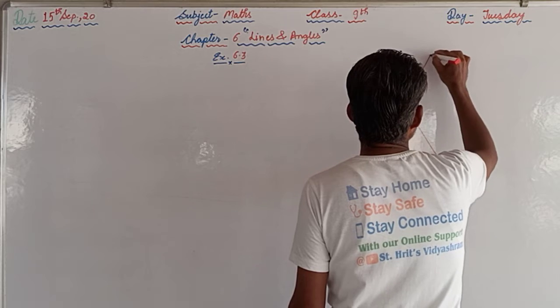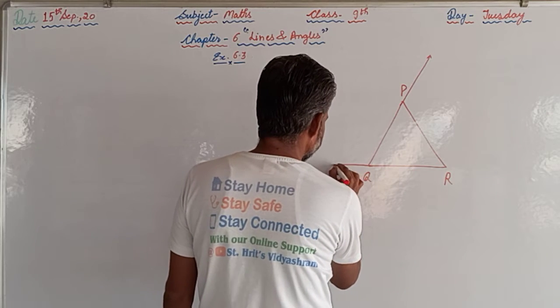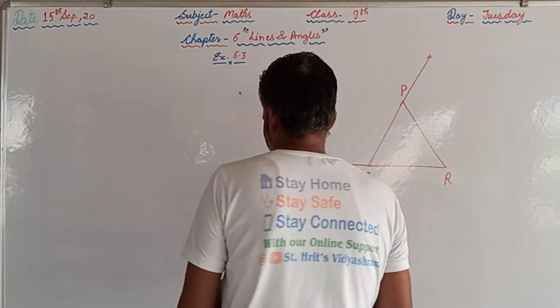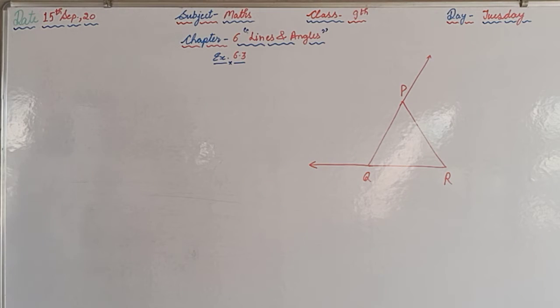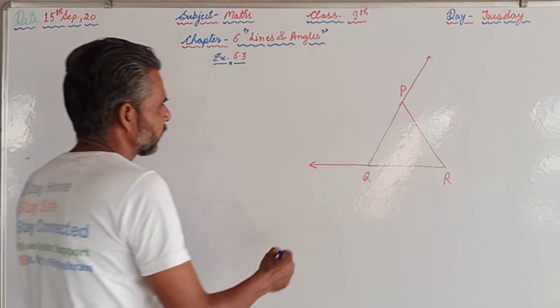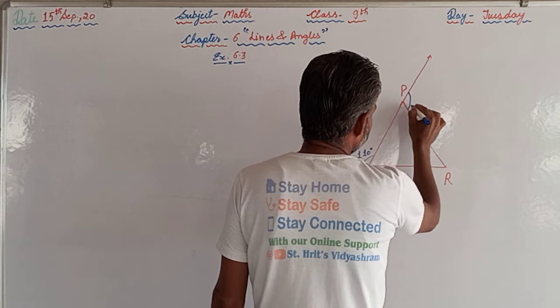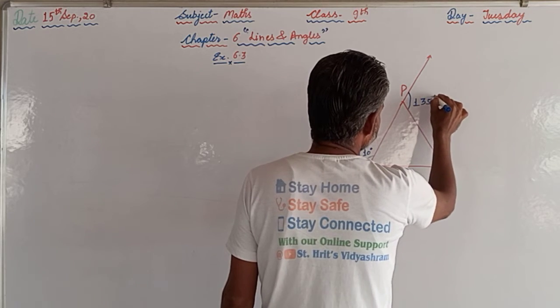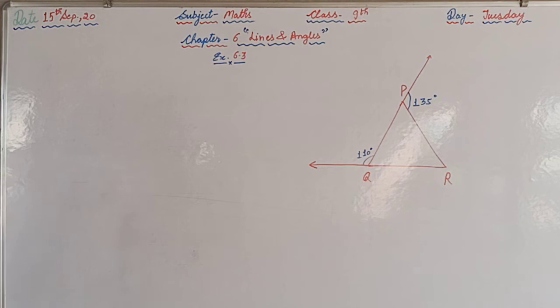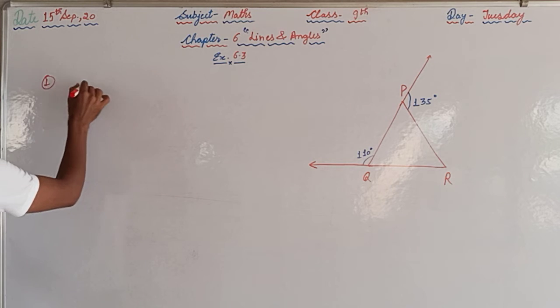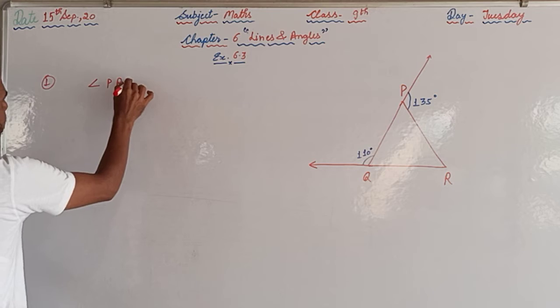PQ is produced further, and at the same time this side is also produced, such that the angles given are 110 degree and 135 degree. Now we are supposed to find angle PRQ. So that is question number 1.